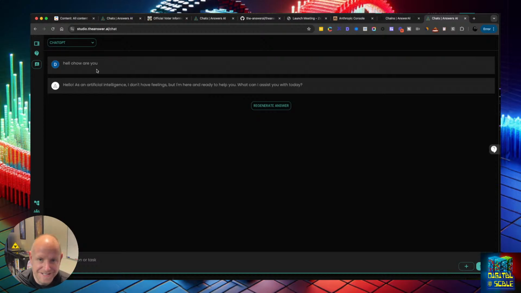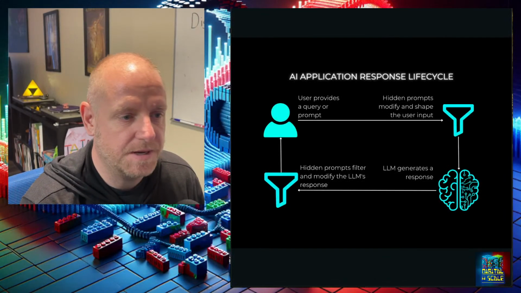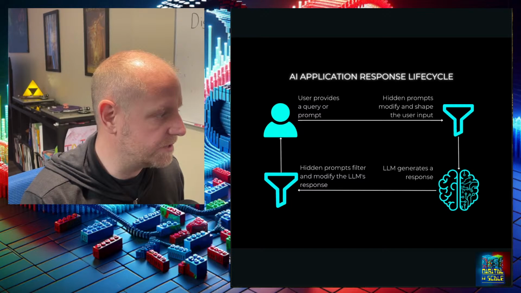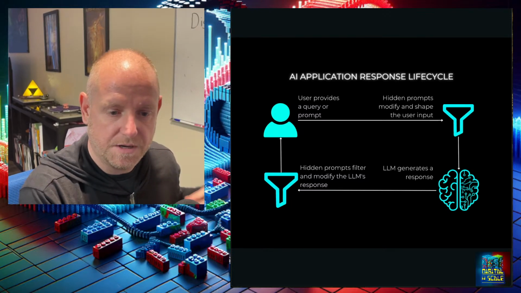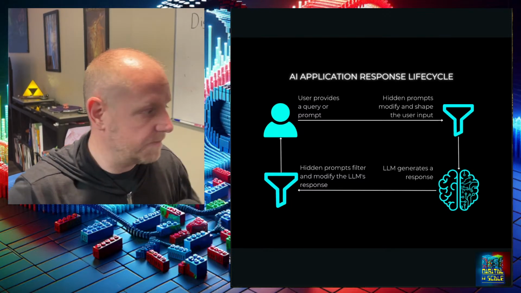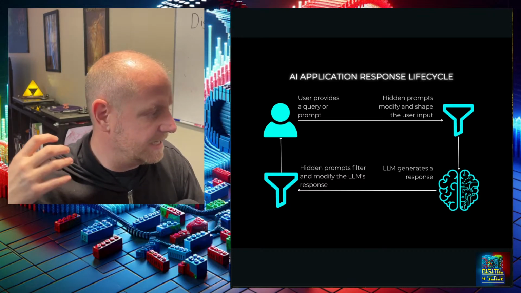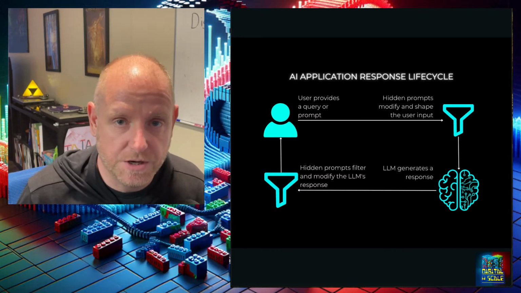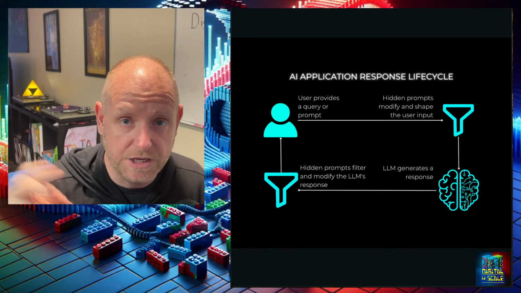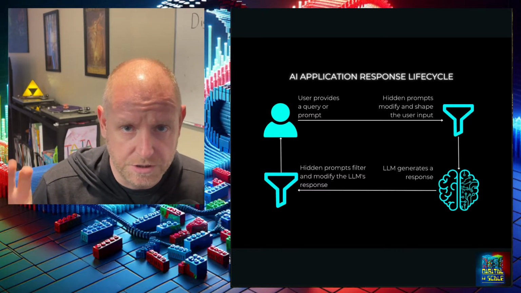But the magic is what is behind the scenes. When I talk about these hidden prompts, the prompts that modify what goes in, or the prompts that modify what gets returned, you want to control that. You don't want some other third party to control that.